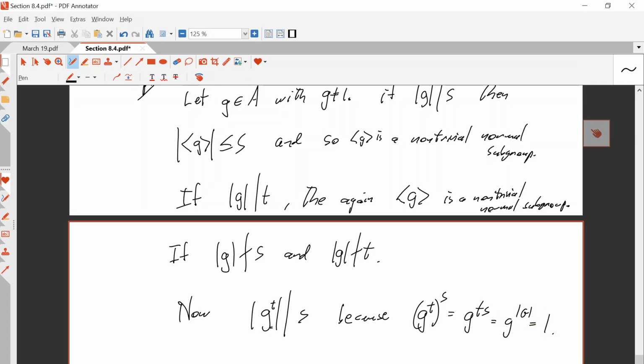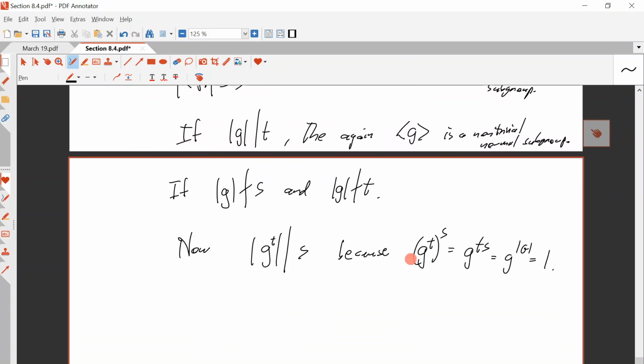So the order of g to the t divides s because of this. So the cyclic subgroup generated by g to the t is a non-trivial normal subgroup. And that's it.